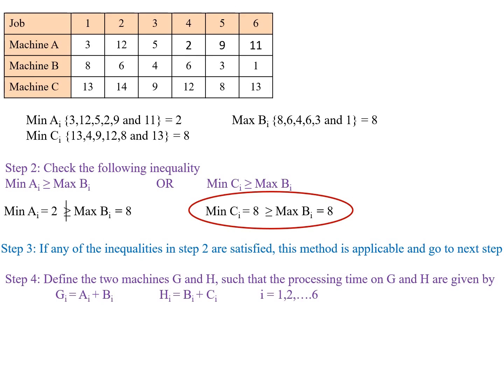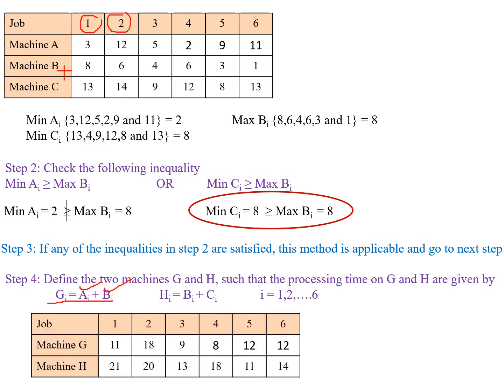Machine G is equal to the processing time of machine A plus the processing time of machine B for the respective jobs. Similarly, machine H is the processing time of B plus the processing time of machine C, with respect to the jobs.